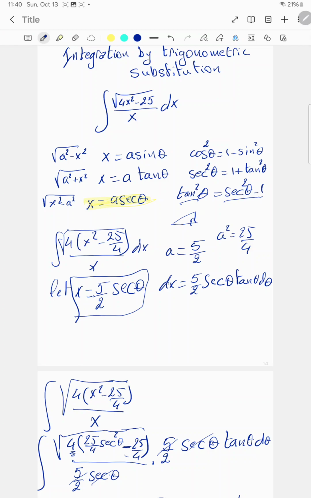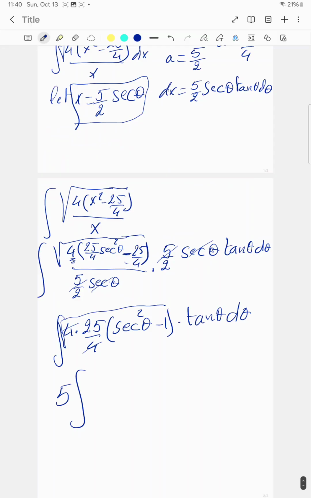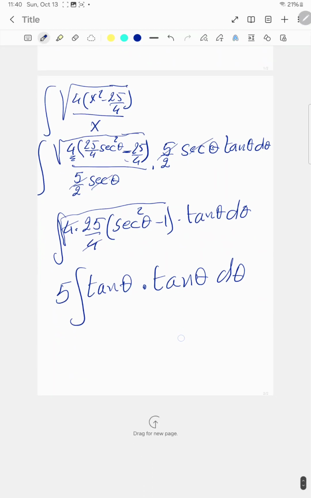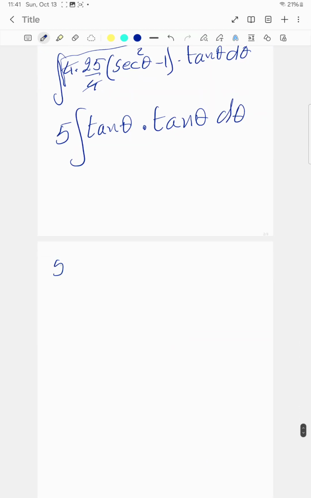So the square root of tan squared of theta is tan of theta, times tan of theta d theta. But tan of theta times tan of theta is tan squared of theta. So it becomes 5 times the integral of tan squared of theta d theta.